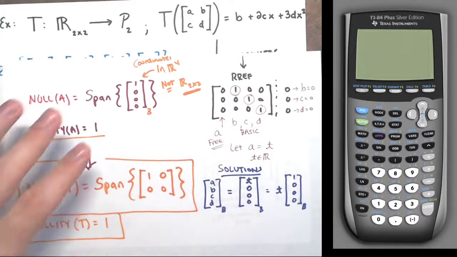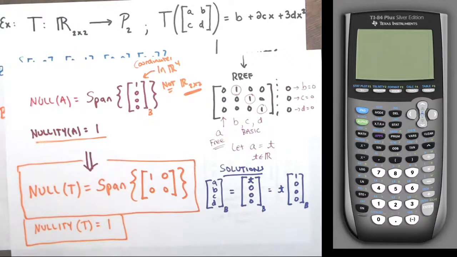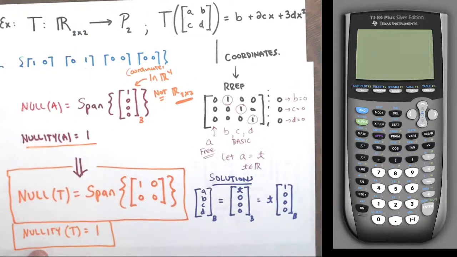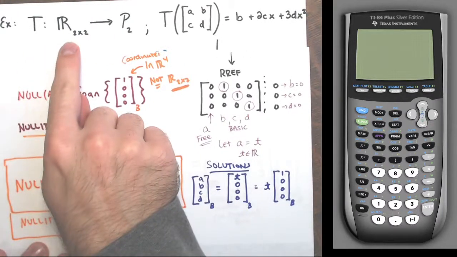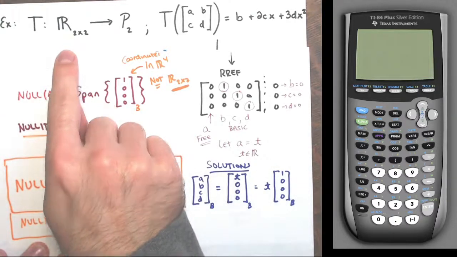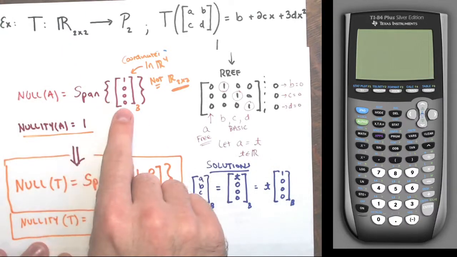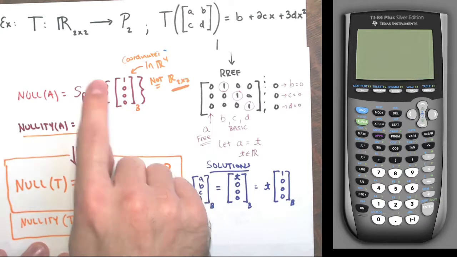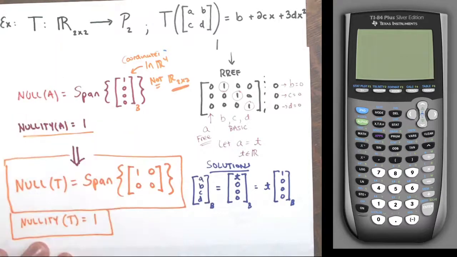So it might be a bit tricky, but I'll say it again: if the domain is not a Euclidean space, don't just write the null space of the standard matrix as the null space of the transformation. They're not exactly the same, but they can be translated into one another. They correspond to one another.